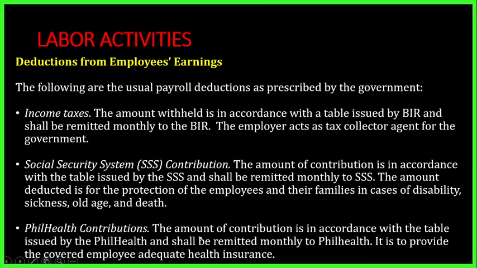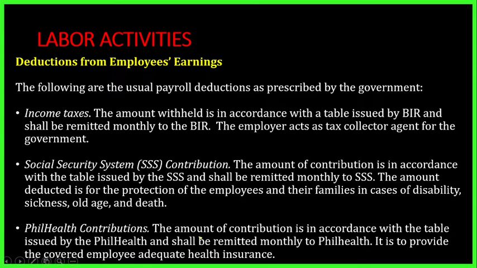Now, to continue, these are the normal deductions against the employee's earnings. First, you have your income taxes. This will be withheld by the entity or the organization, because the employer will act as a tax agent or tax collector for the government.